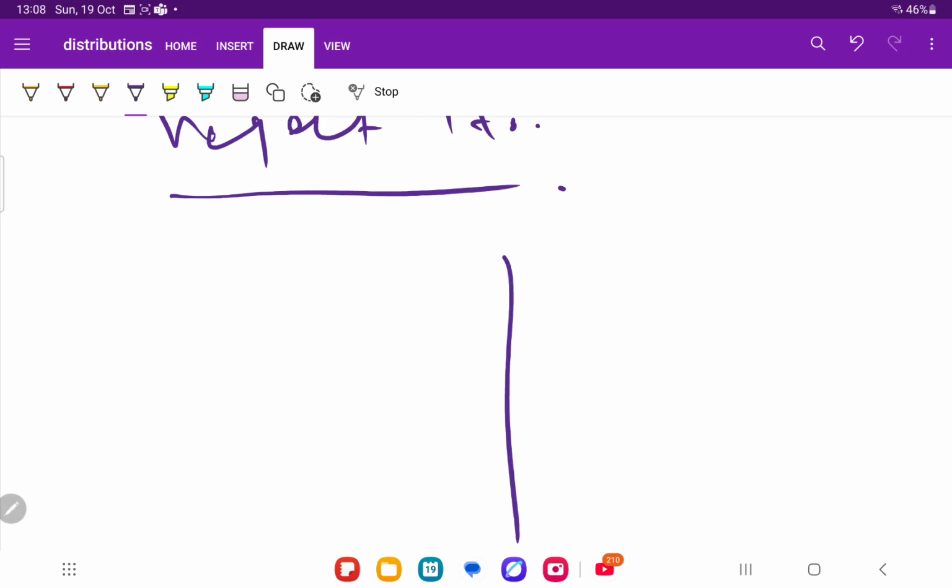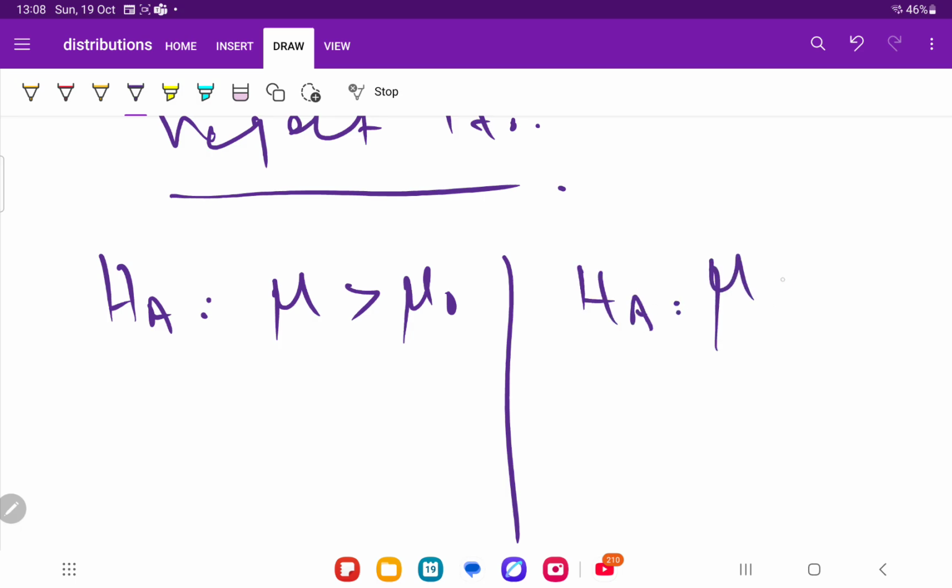So if I'm just writing H naught, if for example you have the hypothesis that mean greater than something, mu naught, and you could have the alternative mu less than mu naught. So one is in the form of greater and another is in the form of less.